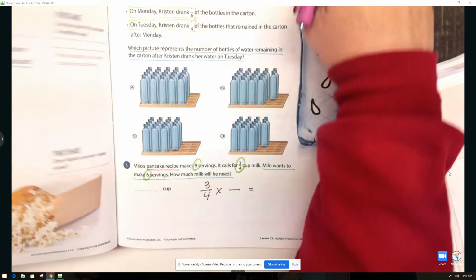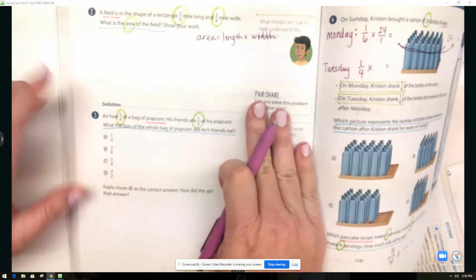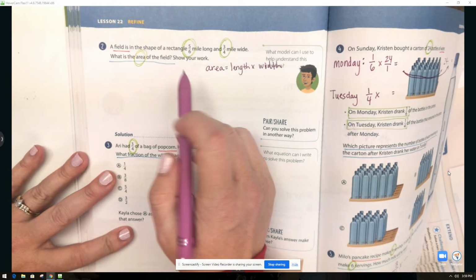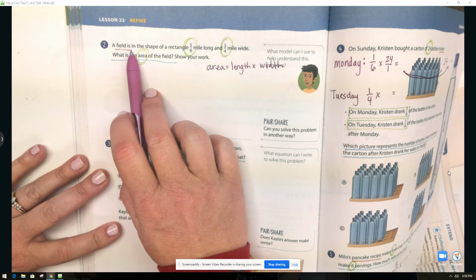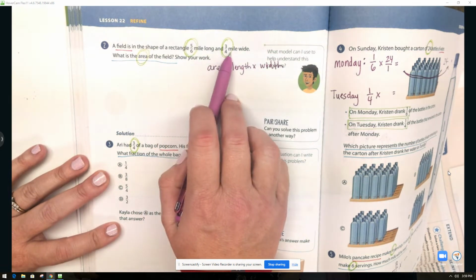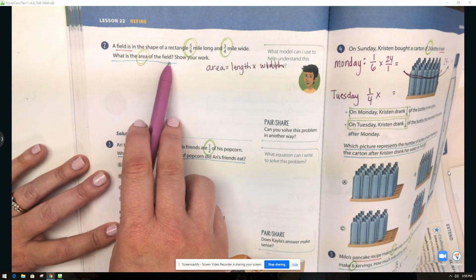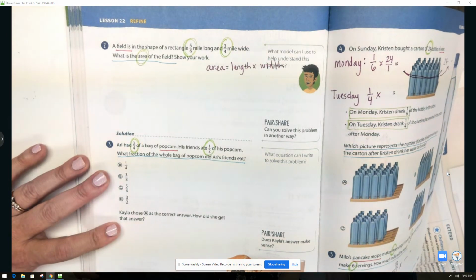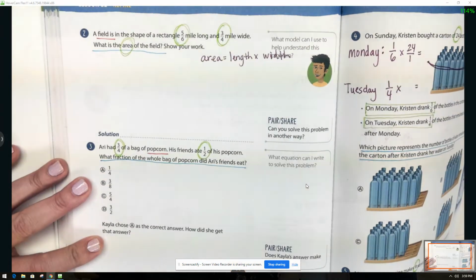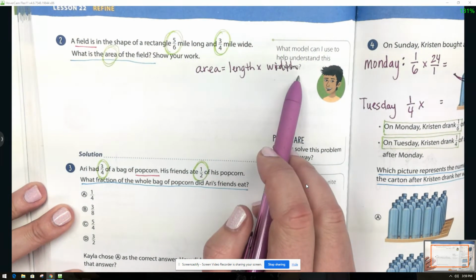Number two. Number two says this. A field is the shape of a rectangle, 5/6 of a mile long and 3/4 of a mile wide. What is the area of the field? Show your work. So I wanted to just remind you that the area is the length times the width.